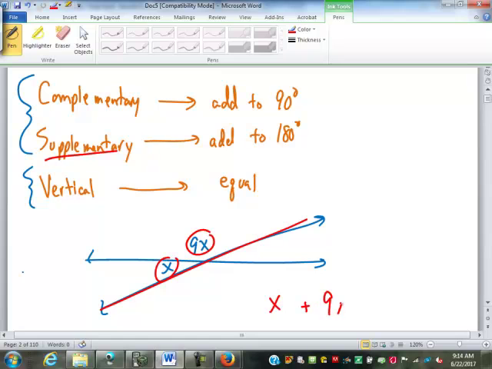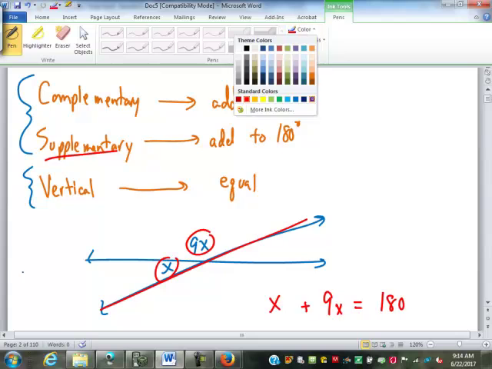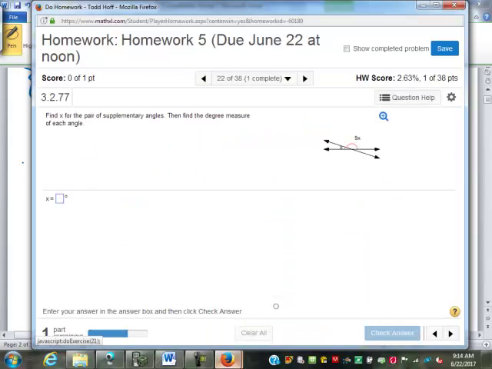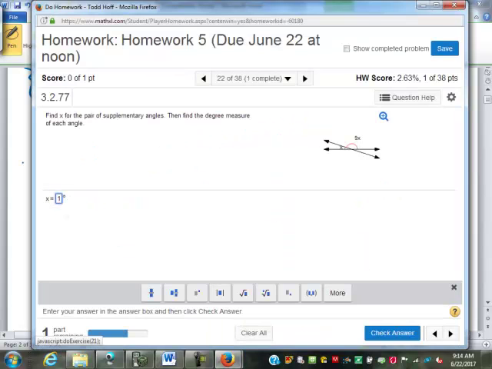X plus 9x has to equal 180 degrees. So x plus 9x is 10x. We divide by 10 to get x equals 18. And all it was asking for was the value of x. So we are done there.